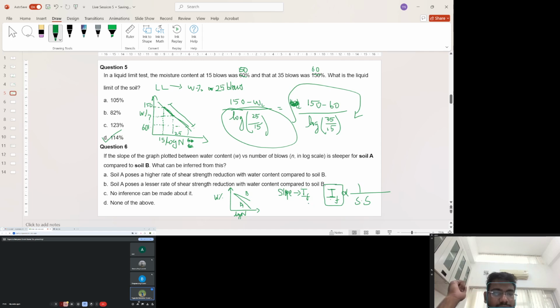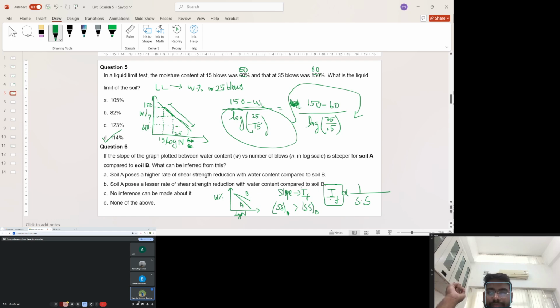If the slope is more, the flow index is more, and therefore shear strength will be less compared to soil B. So shear strength of A is less than shear strength of B. But what we have been presented is that soil A possesses a higher rate of shear strength reduction with water content compared to soil B, and soil B possesses a lesser rate of shear strength reduction with water content compared to soil A.